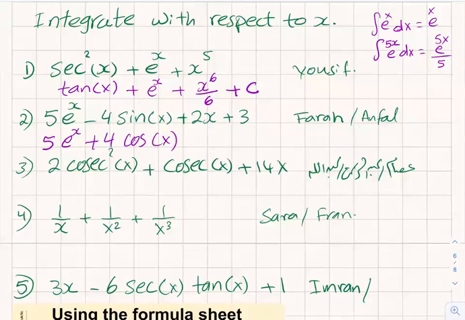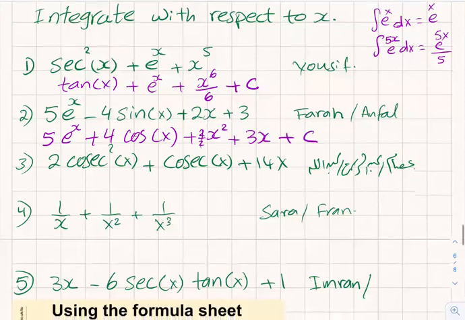And then plus 2x, so you add 1 to the power and divide by the new power, so it's 2x squared divided by 2, and you cancel the 2, so we end up with x squared. And plus 3x and plus c.